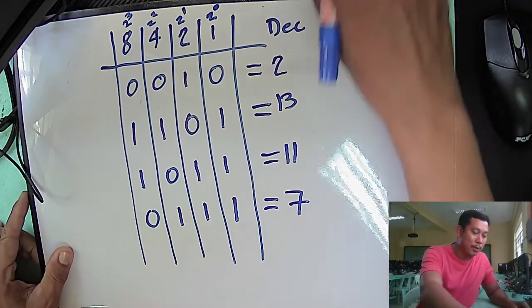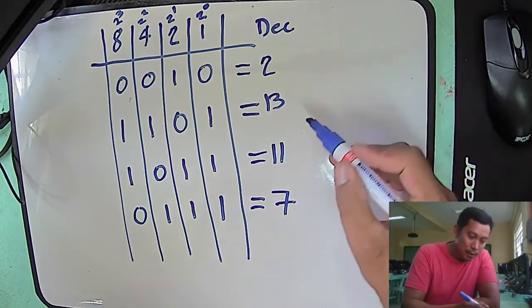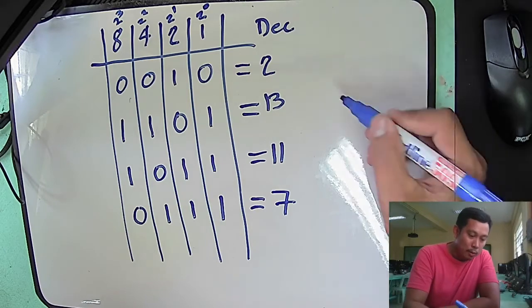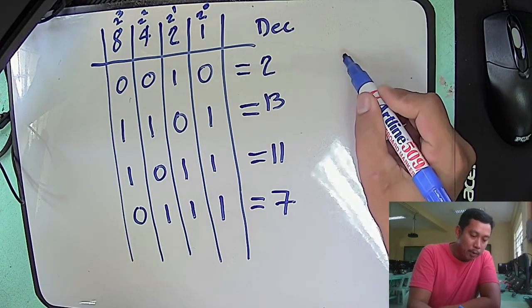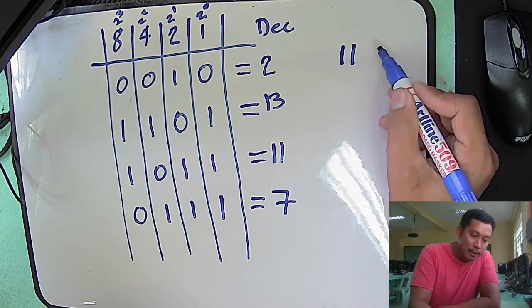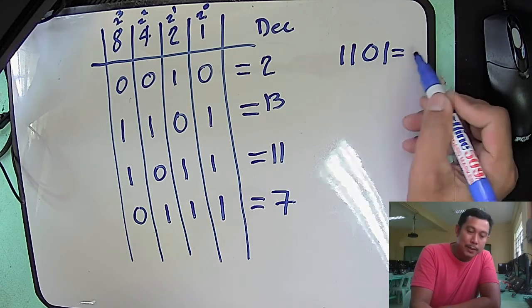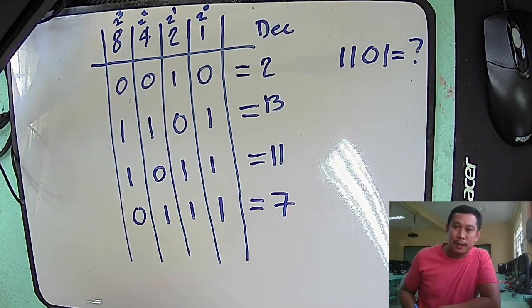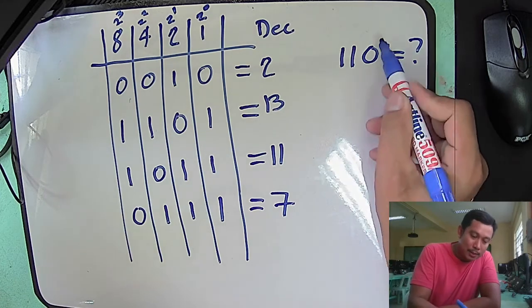Let's transfer this. Let's just do it here. What about this one? 1, 1, 0, 1 equals what in decimal?